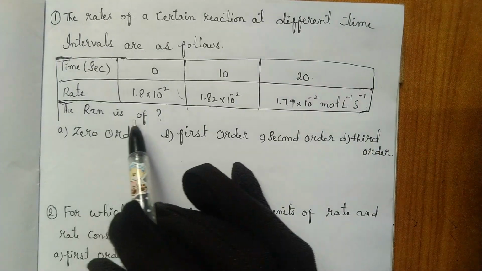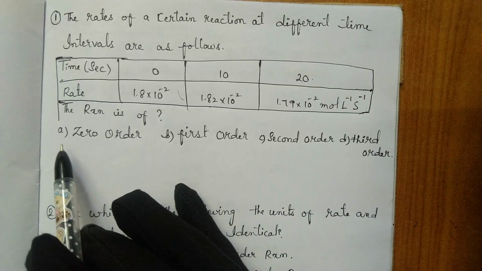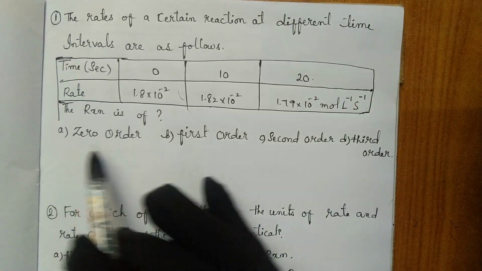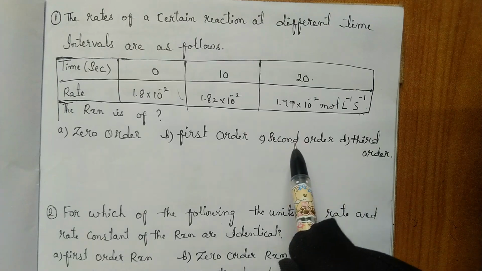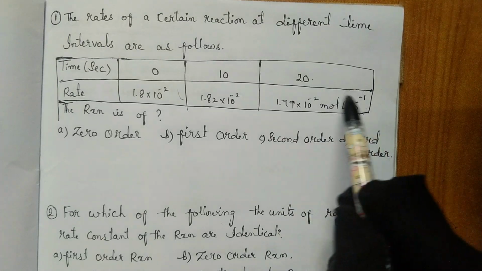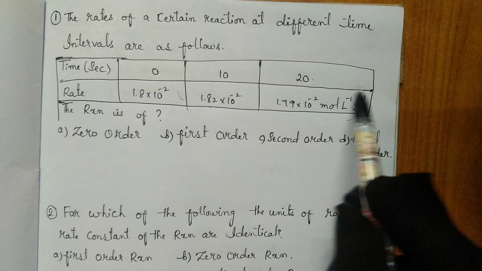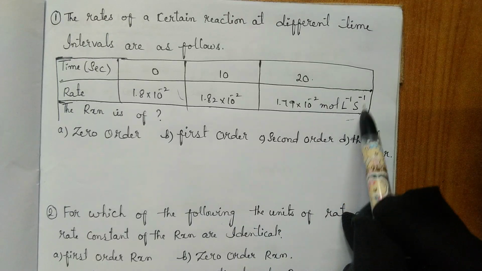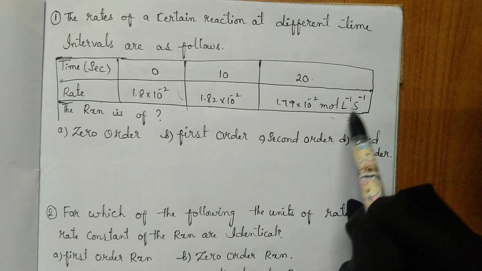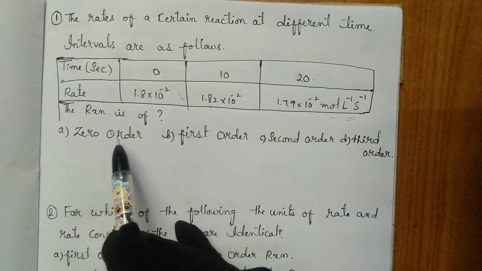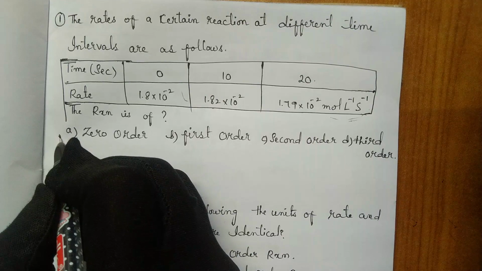So the reaction is of which order? Option A is zero order, B is first order, C second order, D third order. Here, seeing these units, moles per liter per second, is the unit for a zero order reaction, right? So it is a zero order reaction.